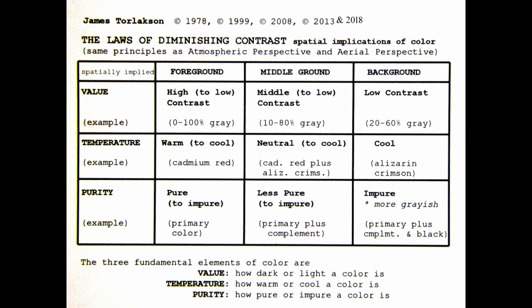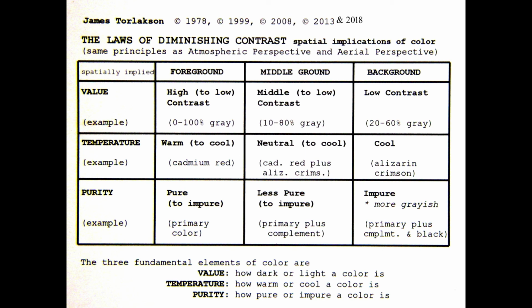And in fact, if you apply these principles when you're working from imagination, you can create the illusion of natural space by exploiting these principles. So there you go. I hope this has been really useful to you.